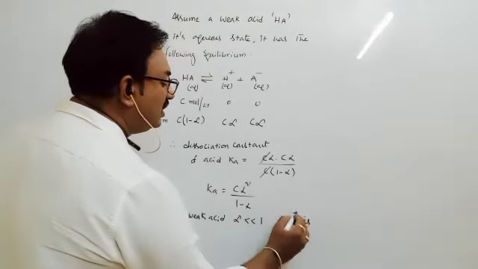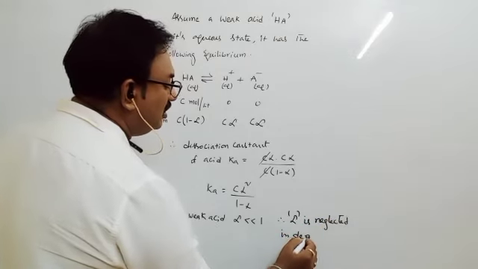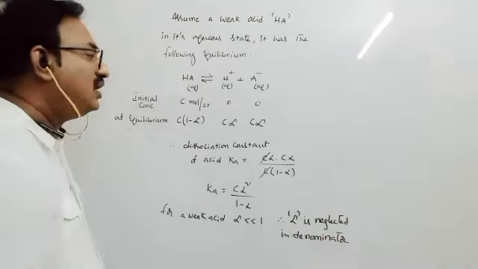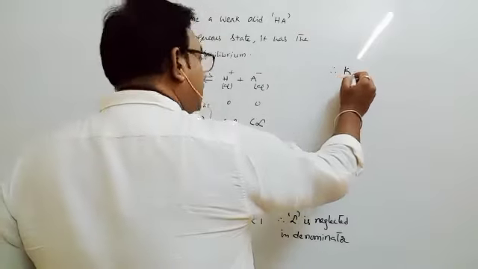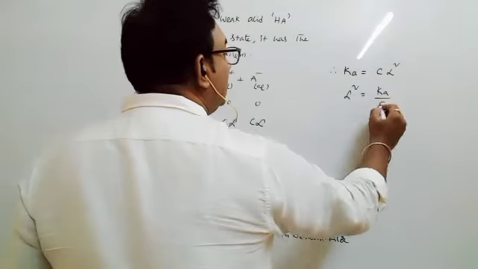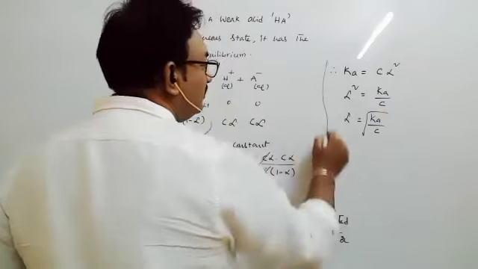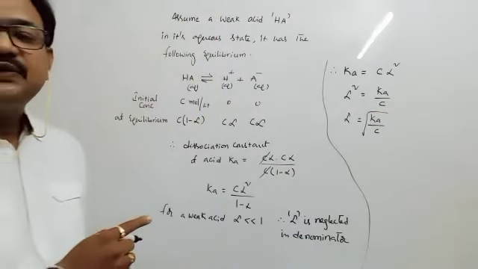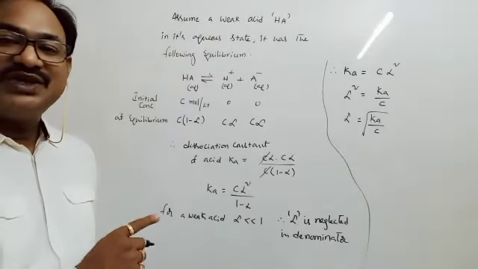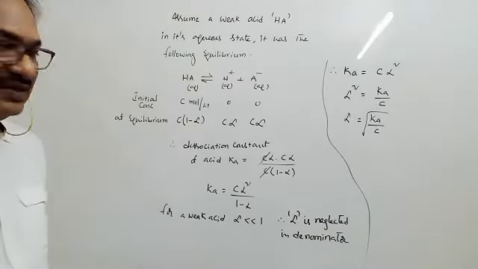Therefore, alpha is neglected in the denominator. So Ka is equal to C alpha square, alpha square is equal to Ka by C, and alpha equals root Ka by C. So the degree of dissociation of a weak acid can be written as alpha equal to root Ka by C, where Ka is the dissociation constant of the weak acid.